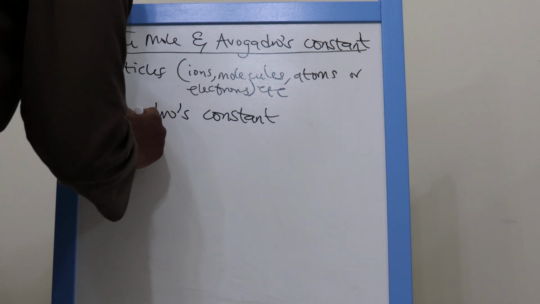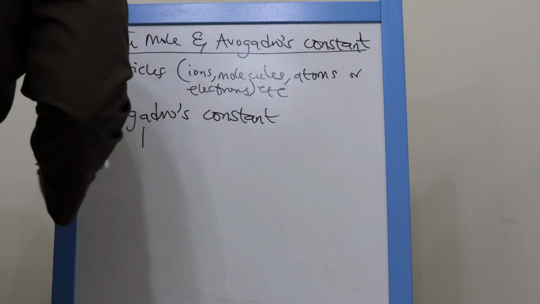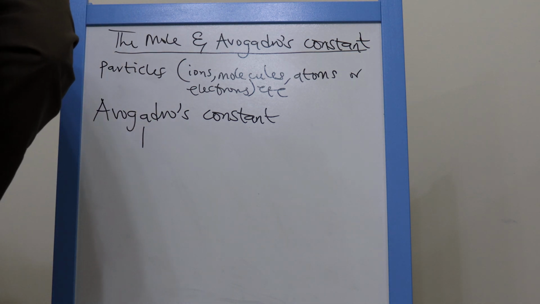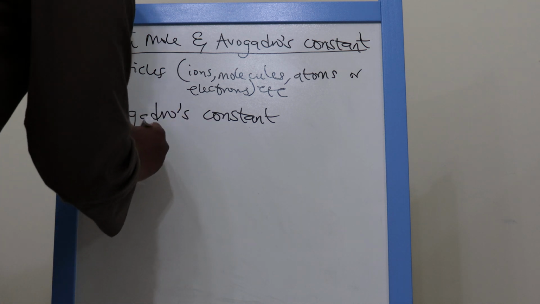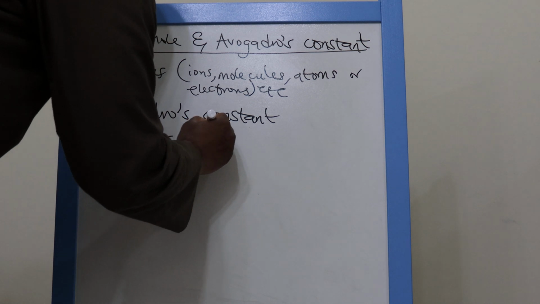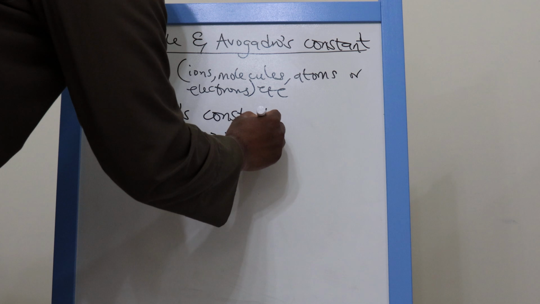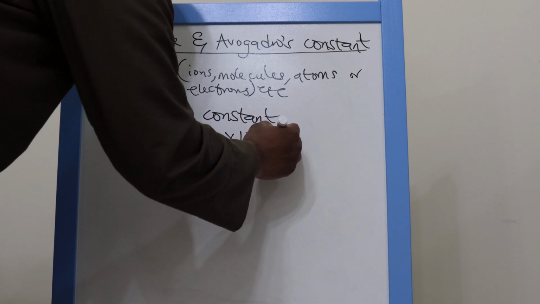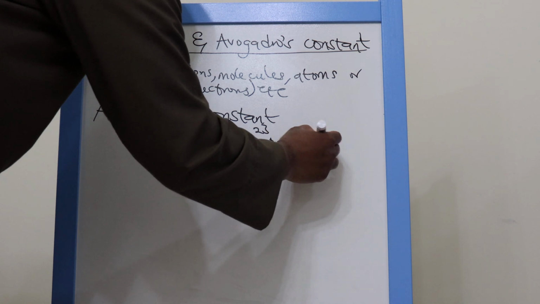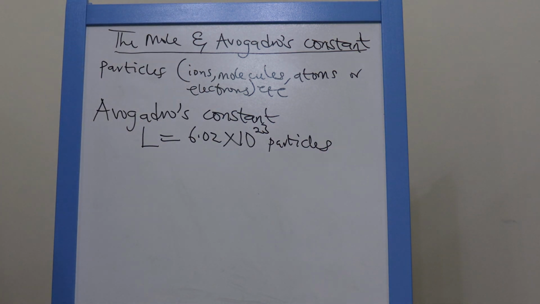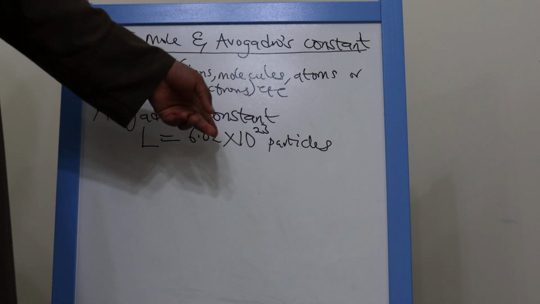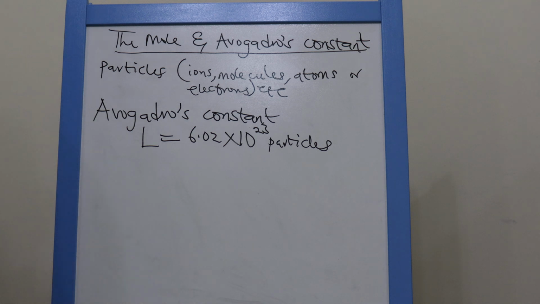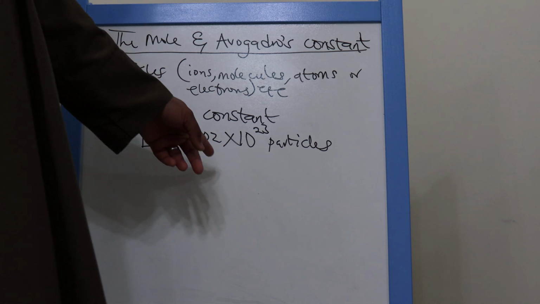Mathematically, L is equal to 6.02 times 10 to the exponent 23 entities or particles. Remember, as I told you, the particles can be ions, molecules, atoms, or electrons. So this is the value of Avogadro's constant.